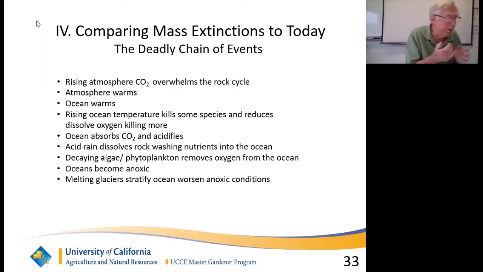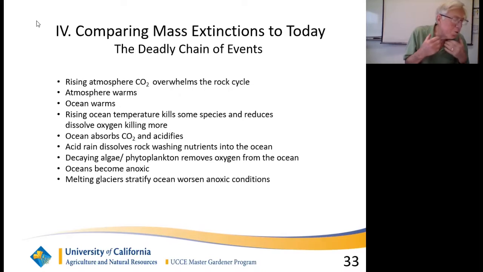So now you have not only warmer water, but you've also got the combination of organic decay, and if it's more than 10 degrees Celsius, apparently this also reduces oxygen in the water. So we have anoxia. Rising temperatures on land and the disruption of the food chain then cause extinction of land species as well.